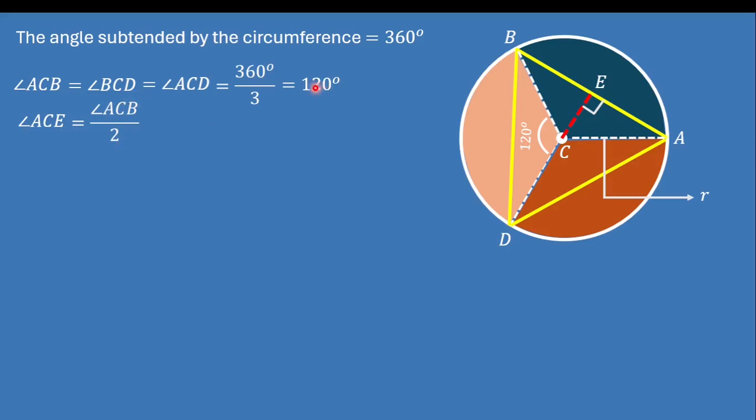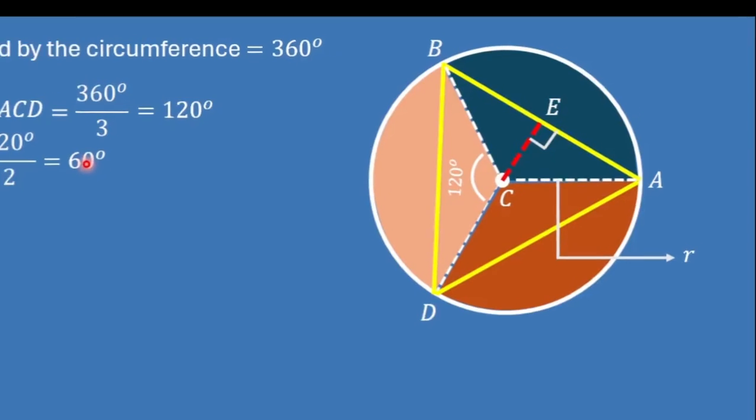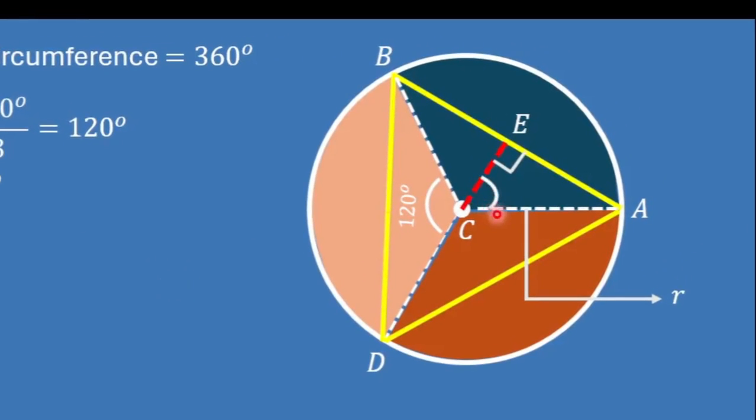Putting in the value 120 degrees, I can write 120 degrees divided by 2, and this equals 60 degrees. That means the angle at point C is equal to 60 degrees. So now we have a right angle triangle AEC, and we know the angles: one angle is 90 degrees and the other is 60 degrees.